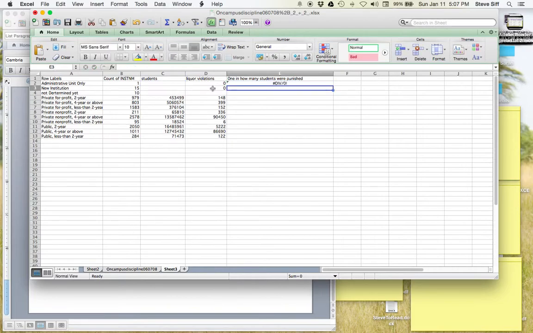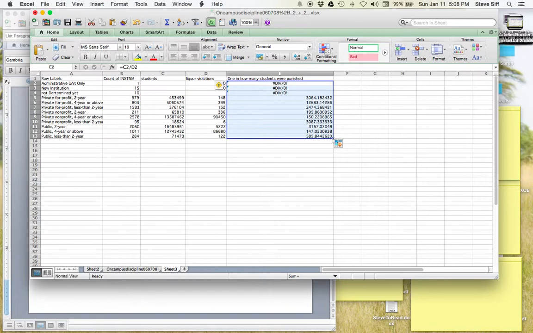You know, and of course that's not going to work for this one because there's no students and there are no violations, and it's the worst category to look at the top. But if we did our formula correctly, whoops, when we apply it down here, we'll get some numbers that are meaningful.